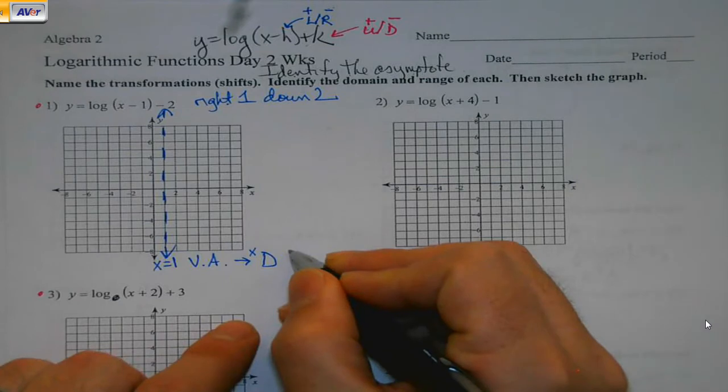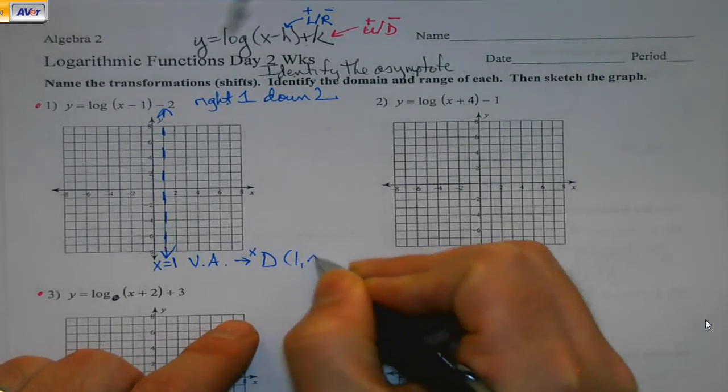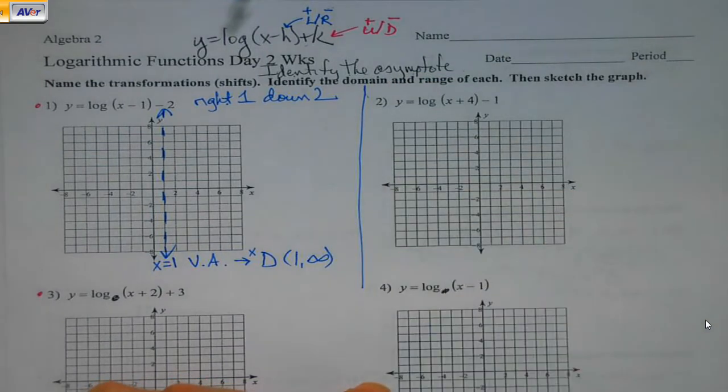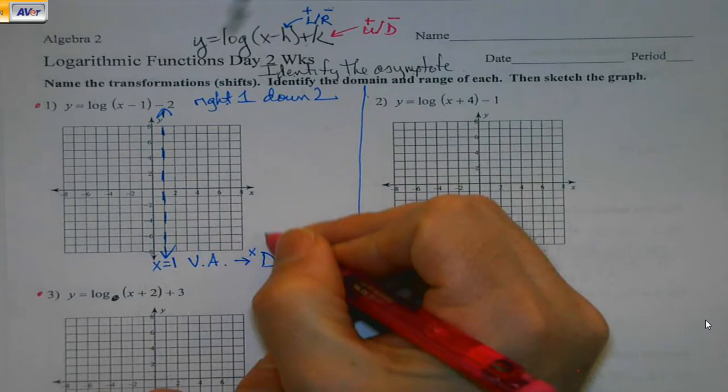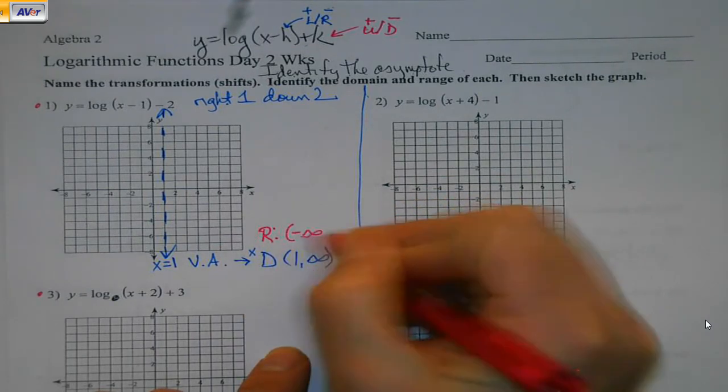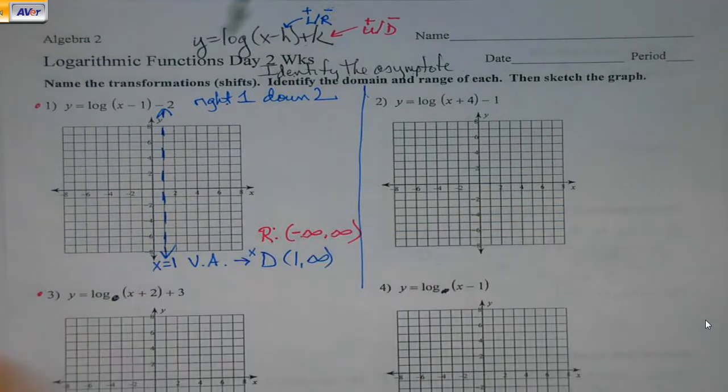It moved right 1. So my domain's going to be 1 to infinity. And our range, we said, is going to be the easiest part of all of this, because no matter what goes on shift-wise, my range is never going to change.